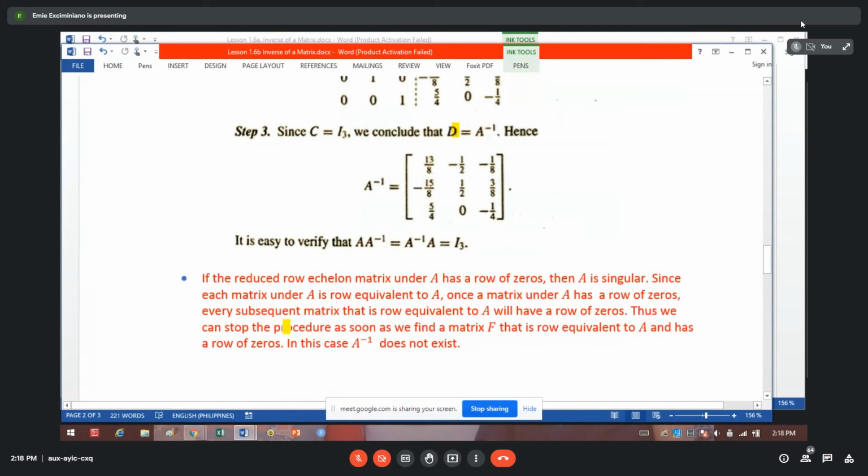Thus, we can stop the procedure as soon as we find matrix F that is row equivalent to A and has a row of zeros. In this case, the inverse of A does not exist.